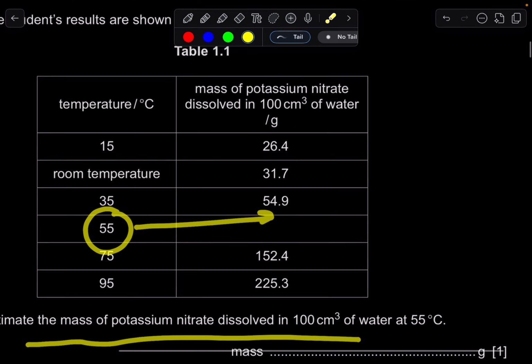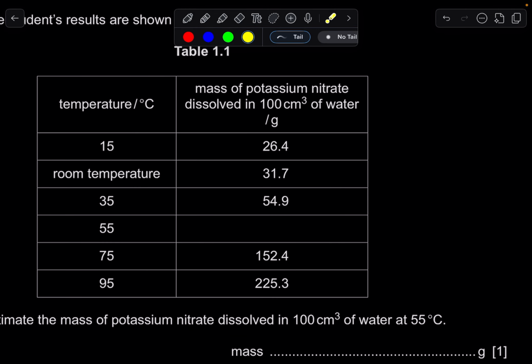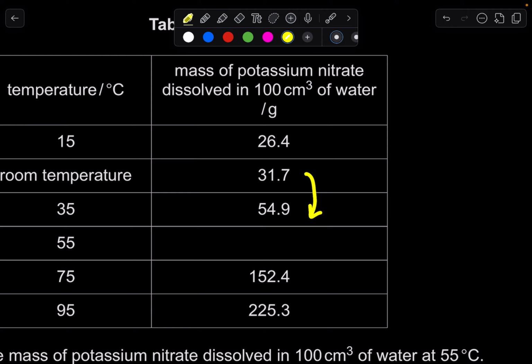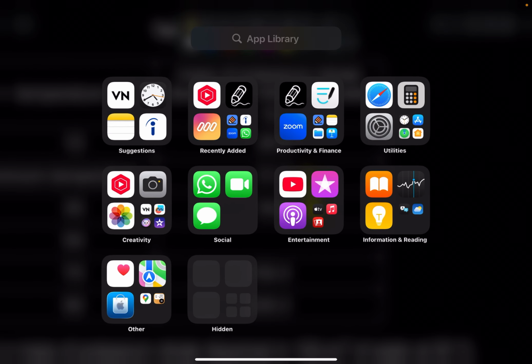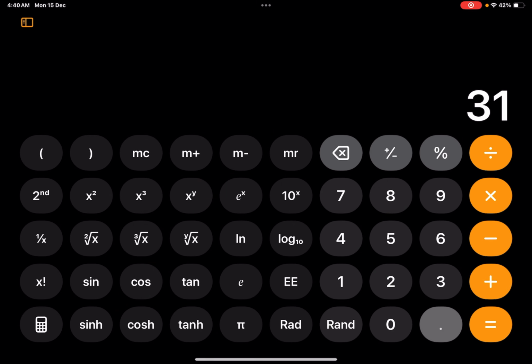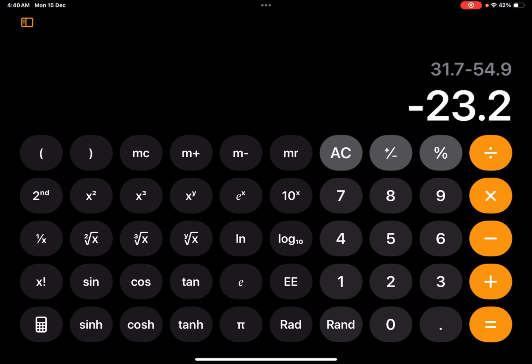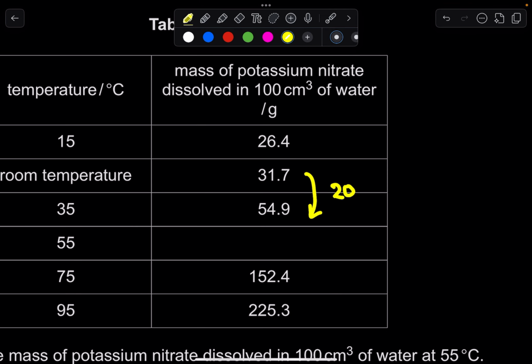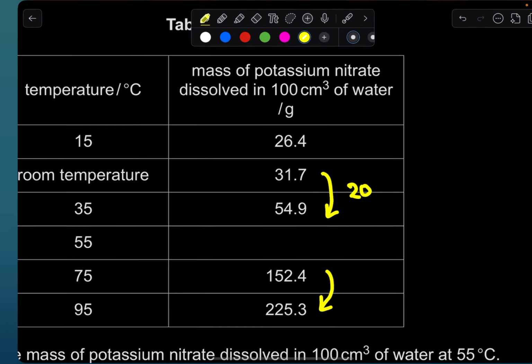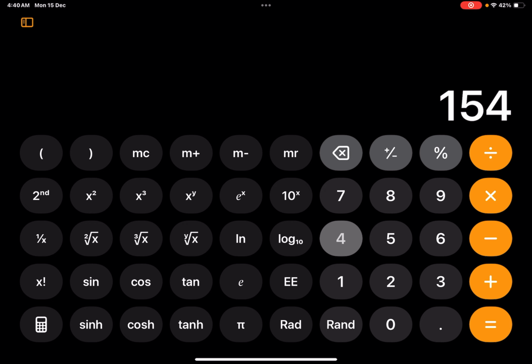If we try to make a reasonable estimation, for estimation we need to look at the difference between the two values and how the difference is increasing. If we look at the difference between 31.7 and 54.9, that gives almost a difference of 20. And between these two values, 152.4 and 225.3, we just need an estimation, it's almost 70.